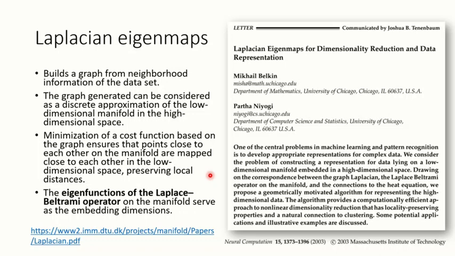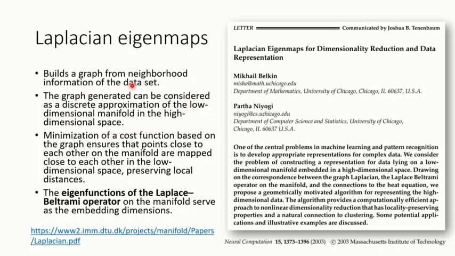Okay, so this other one is slightly more complicated than ISOMAP. This was published in 2003. So this will also start by building a graph, a KNN graph.